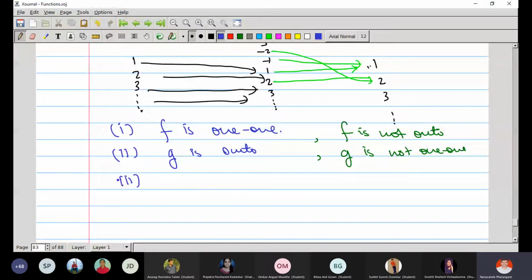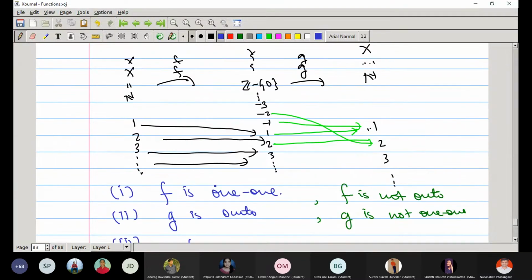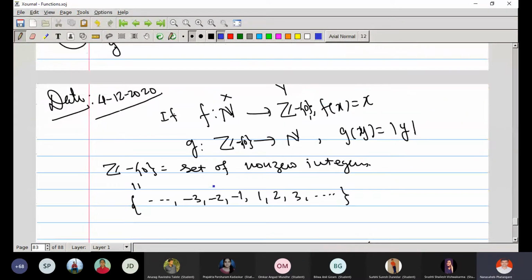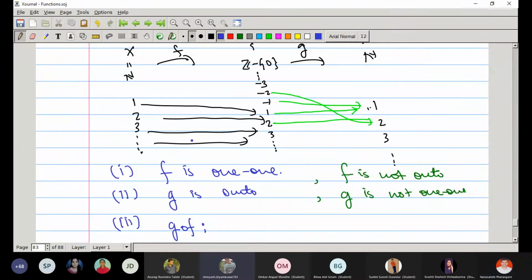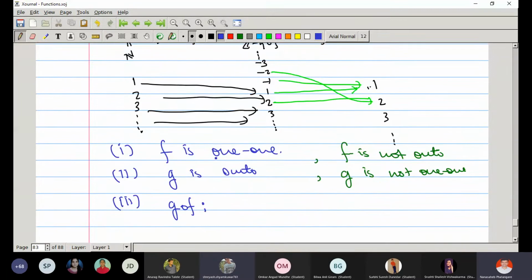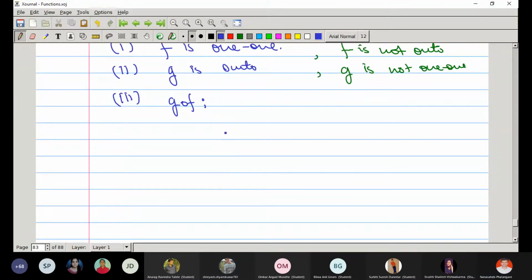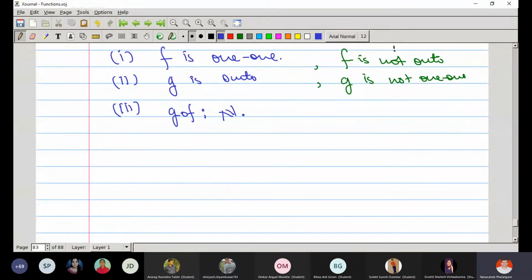So third point, what is g composite f? g composite f is from which set to which set? First we apply f, natural numbers to natural numbers, into natural numbers. Right? What is g composite f of 1? g of f of 1. But f of 1 is 1 and g of 1 is 1. Correct?